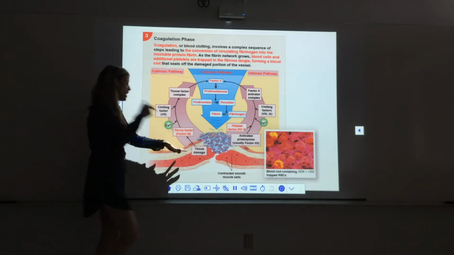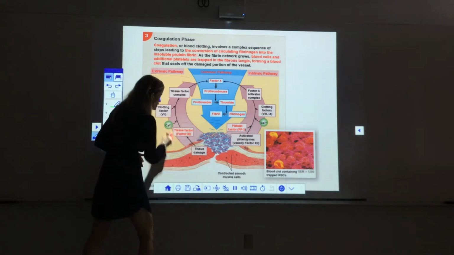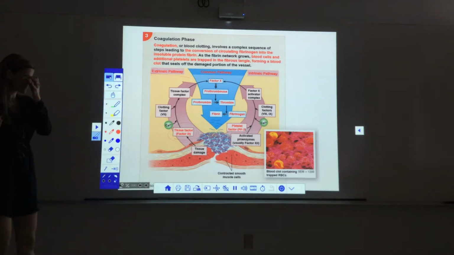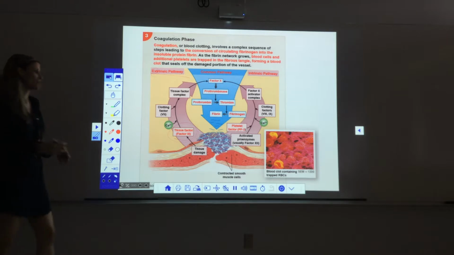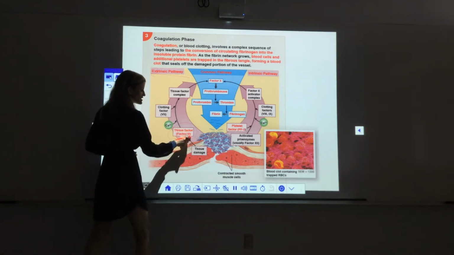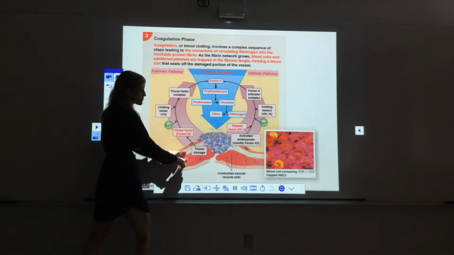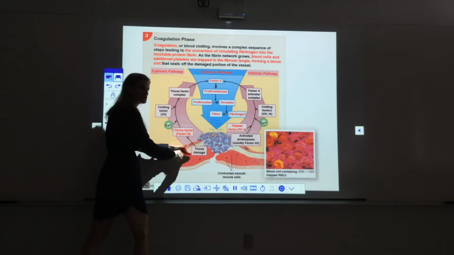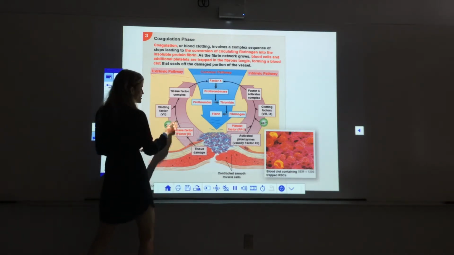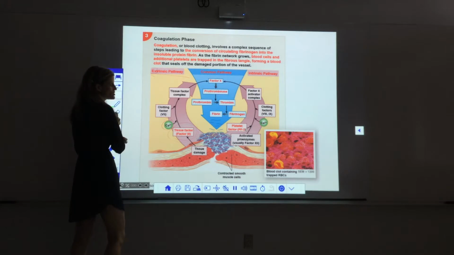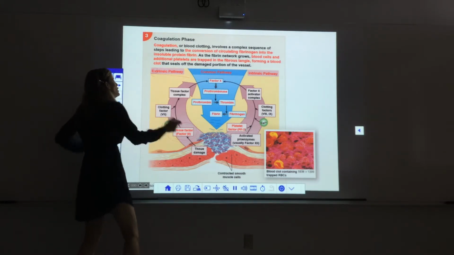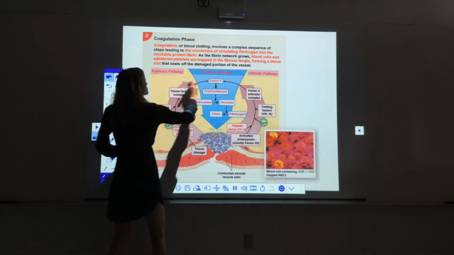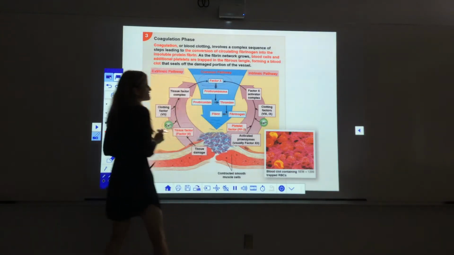Remember we said that this pathway is going to be kind of stimulated by tissue factor, which is factor 3, which makes sense, right? We're talking about damaged tissue, tissue factor. We also utilize calcium, which we're going to use in the intrinsic pathway as well. We have other clotting factors that come into play, and eventually we activate factor 10.